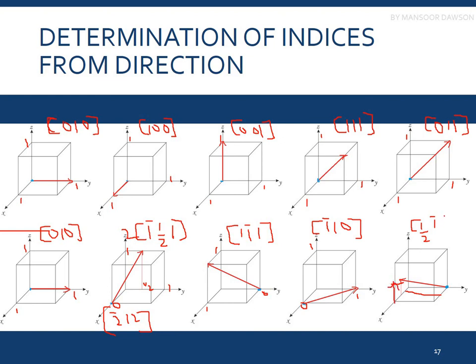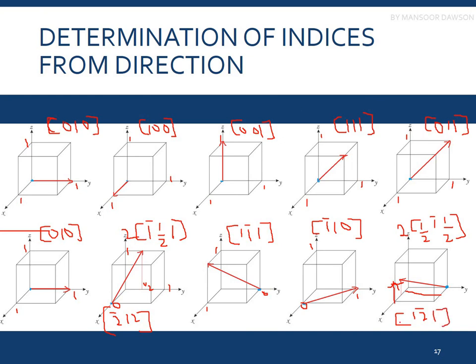So we'll be writing half for z as well. So we'll be multiplying this by 2 so we get whole numbers. We'll be getting 1, 2 bar, and 1.